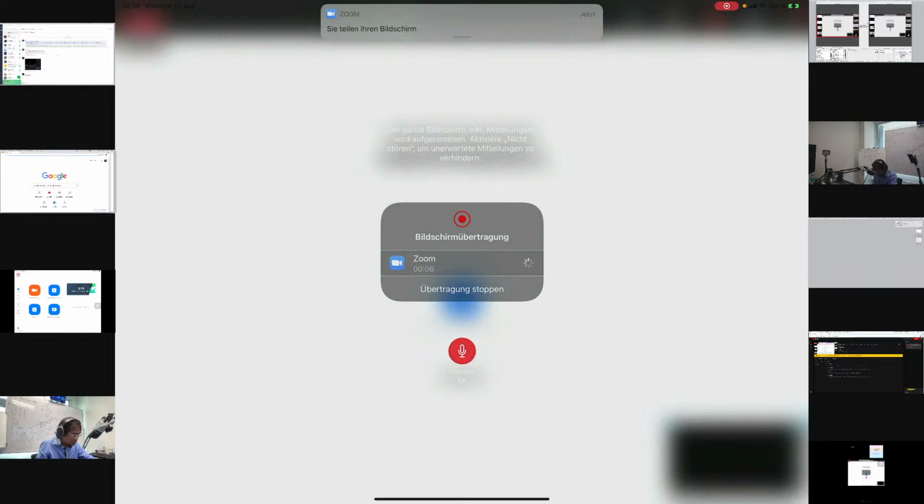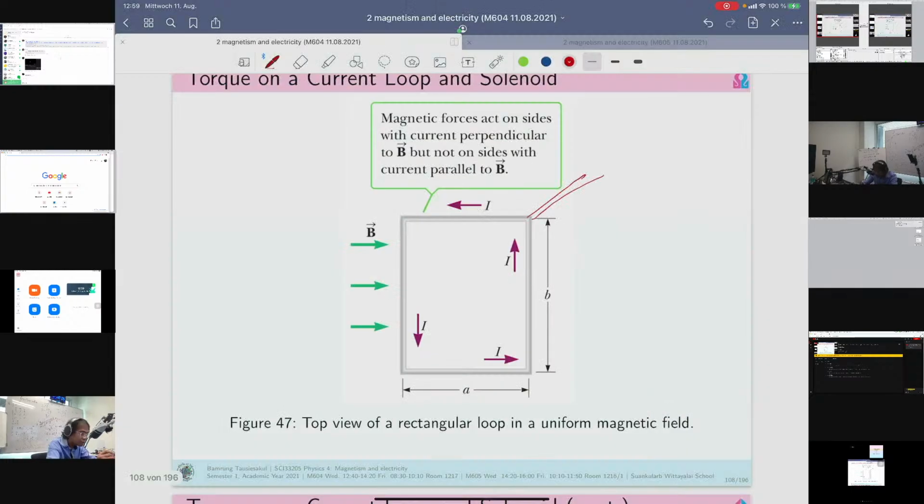Alright, here let's say we have the rectangular shape of the conductor loop. You can let the current flow in this direction, and the arrow of the returning current is going to be there.